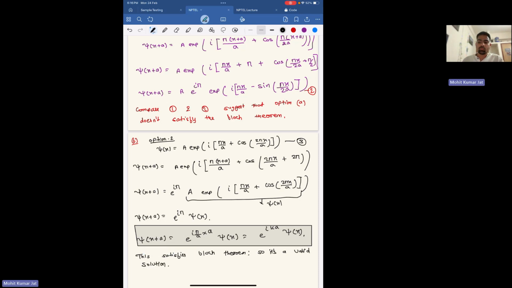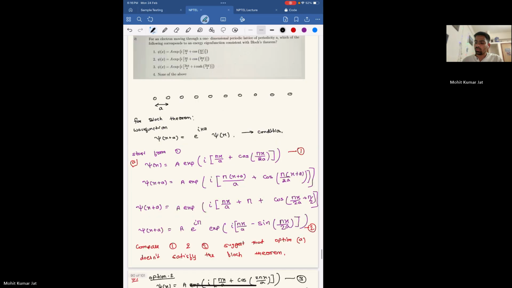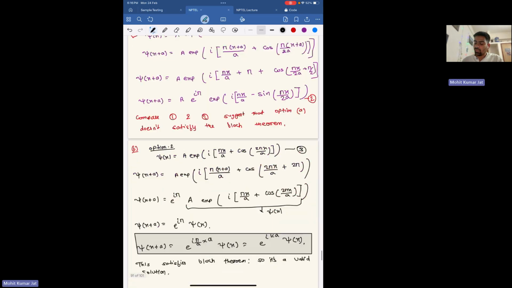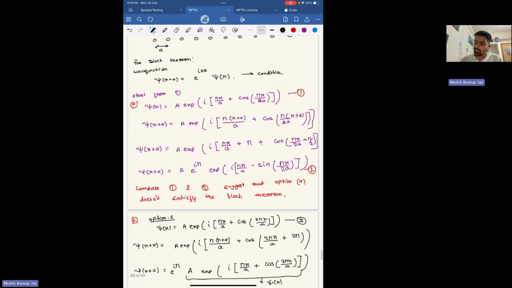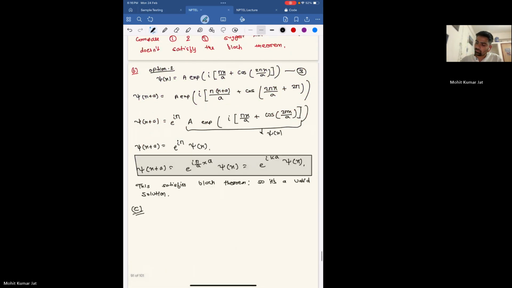Now moving on to option number C, that is psi x. We call it equation number 4.